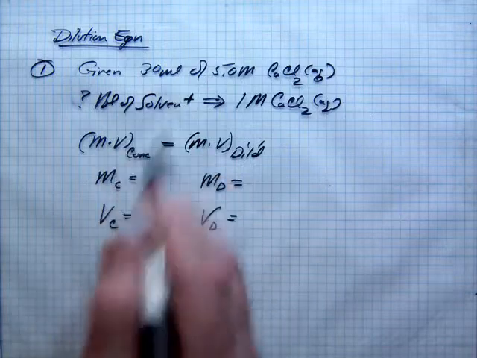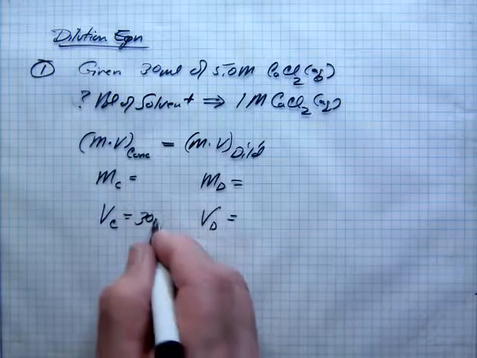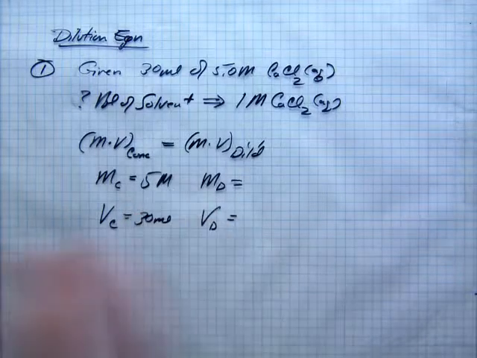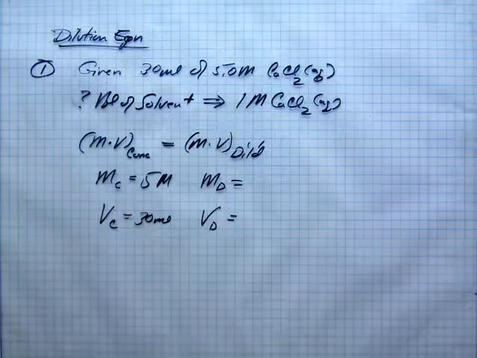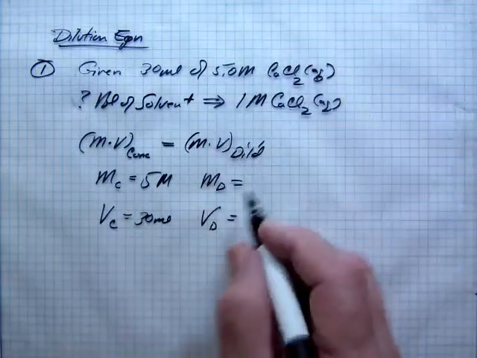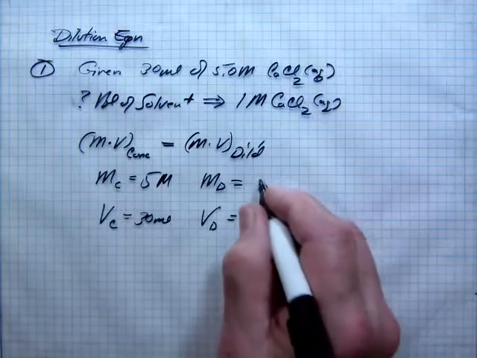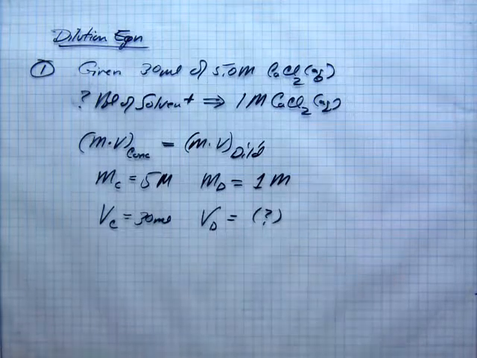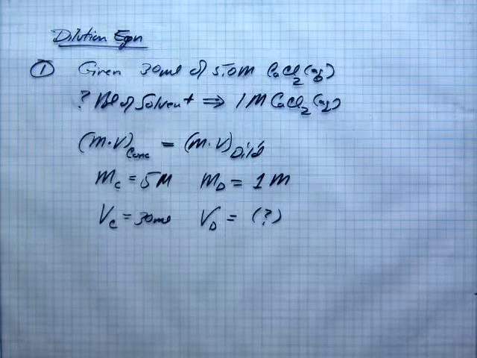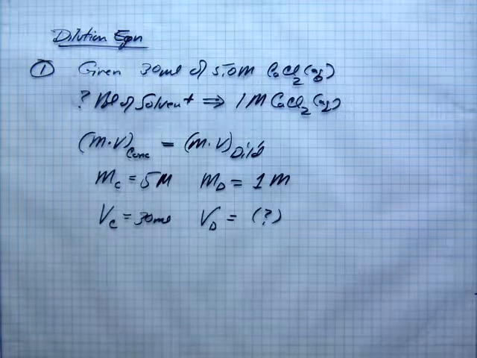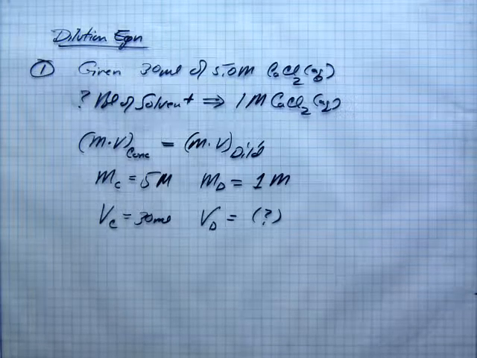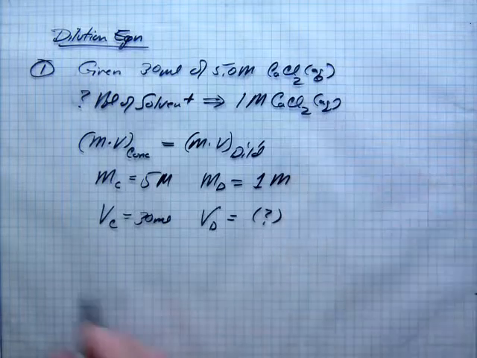Well, we're given 30 milliliters of 5 molar salt solution. The target molarity is 1 molar. And so the question is, what is the volume of solvent we need to pour on top of 30 milliliters of 5 molar to get the dilution to 1 molar?